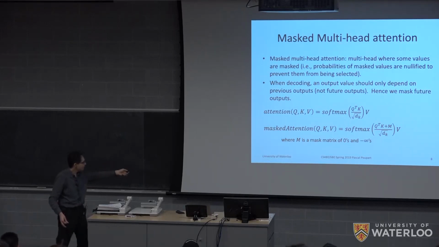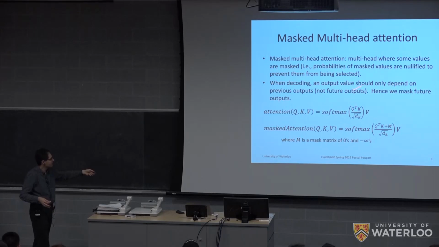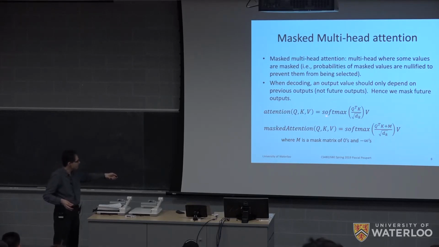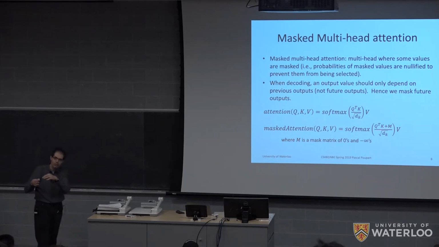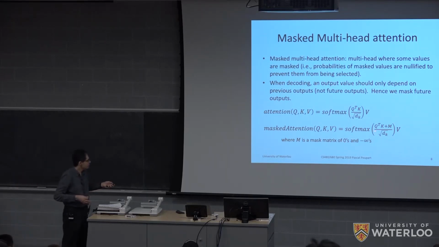Okay, so here the main difference is that in the attention mechanism, normally we just compute a softmax according to this expression. But now instead, with a masked attention, we're going to add a mask here that will effectively produce some probabilities that are 0 for the terms that we don't want to attend to because they would be future terms. So in a softmax, what I normally do is take the exponential divided by the sum of exponentials.